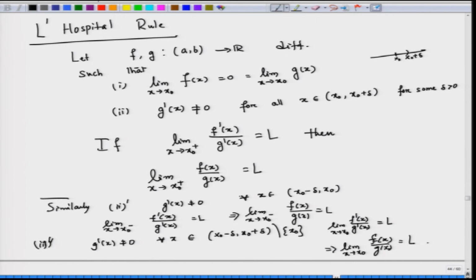So, what it is saying is that if f of x naught is equal to g of x naught is 0, and g prime of x naught is not equal to 0 on the deleted neighborhood of x naught, and the limit of the ratio of the derivatives exists, then we know that the limit as x goes to x naught of the ratio of the functions has the same limit. Okay.